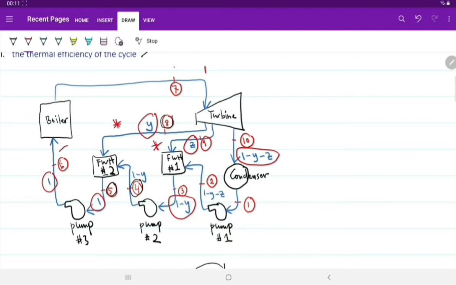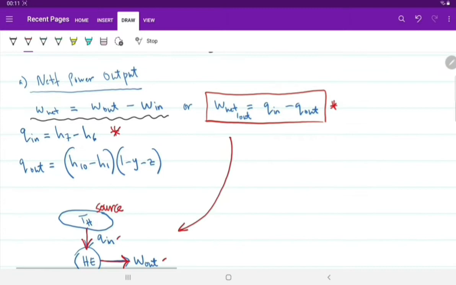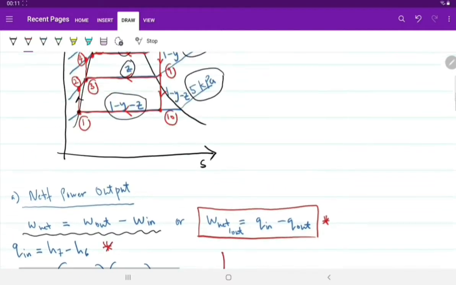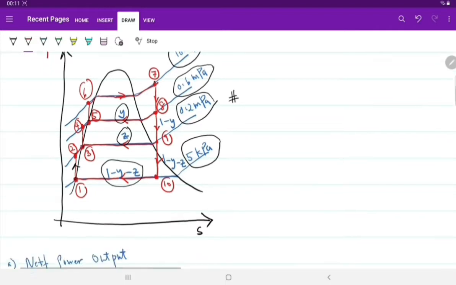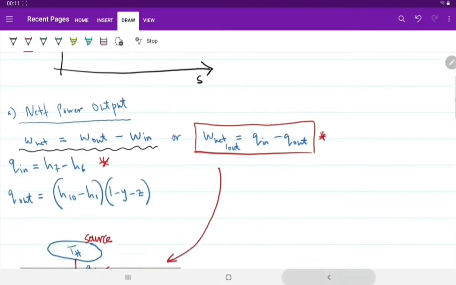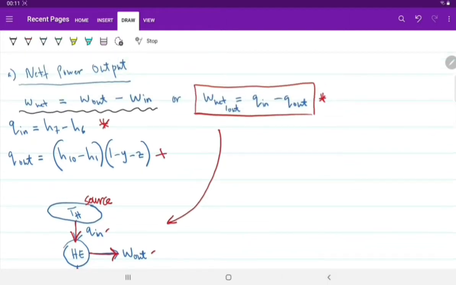This is 6, this is 7. 7 minus 6 is our Q in, and for Q out, you have H10 minus H1, right here, but the mass flow rate in the condenser just now is 1 minus Y minus Z. You have to multiply by 1 minus Y minus Z because it is not 100%. So this is our Q out.